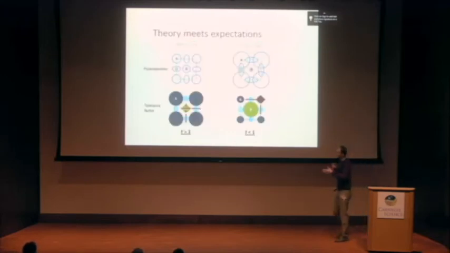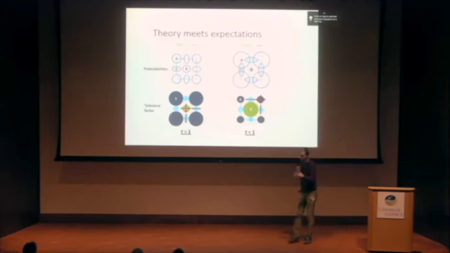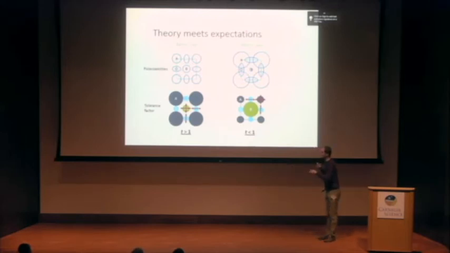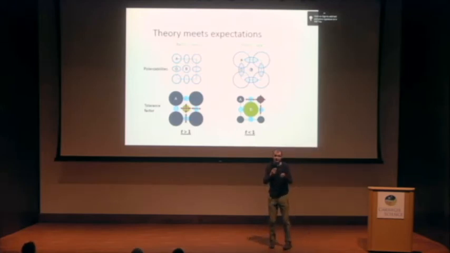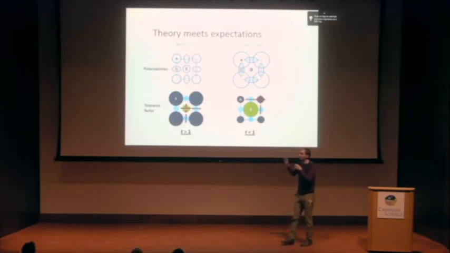And here comes something like a revelation about which parameters give these solutions. On top, there is a schematic depiction of polarizabilities. The bigger the circle, the bigger the polarizability of the corresponding lattice site.